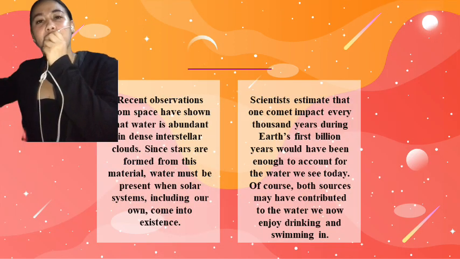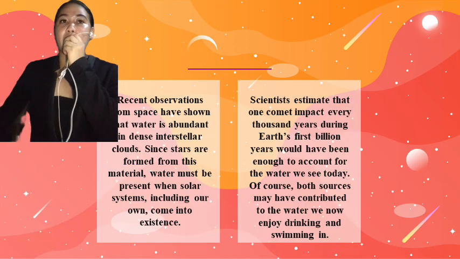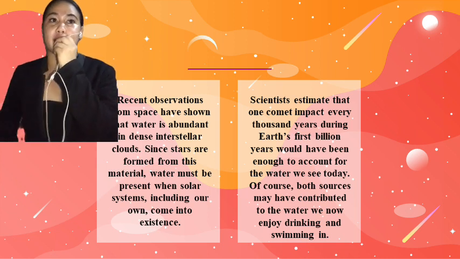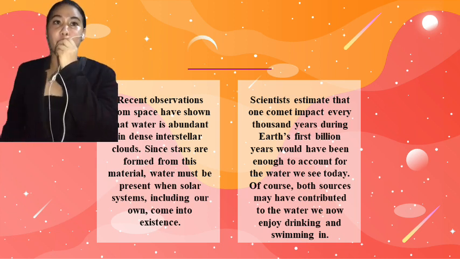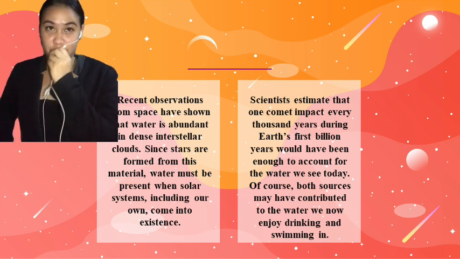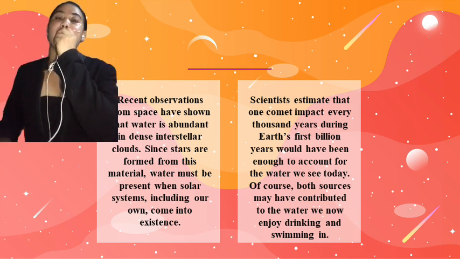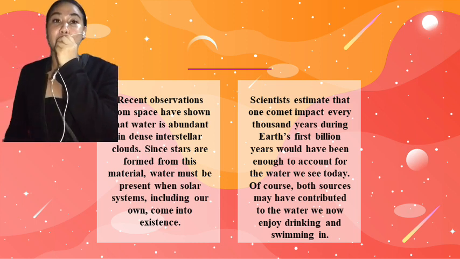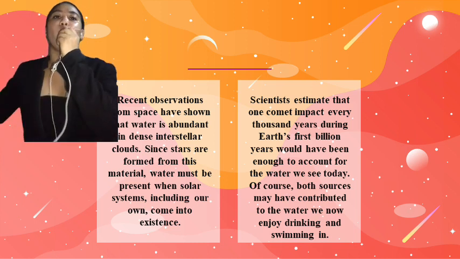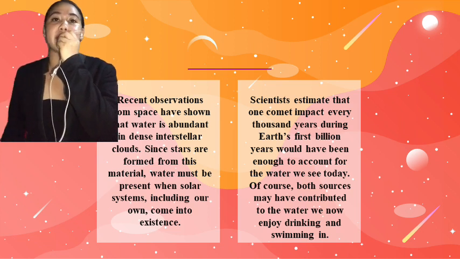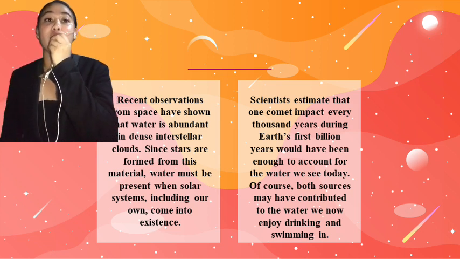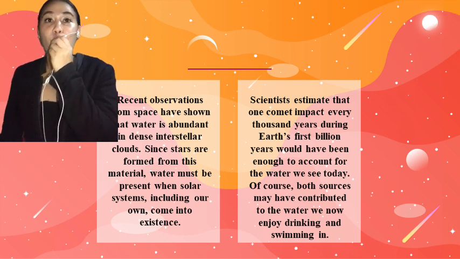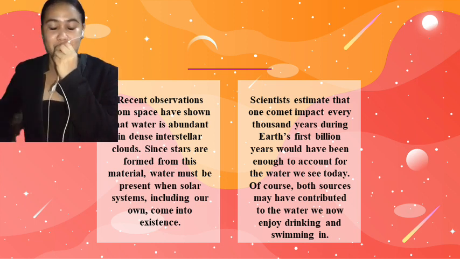Recent observations from space have shown that water is abundant in dense interstellar clouds. Since stars are formed from this material, water must be present when solar systems, including our own, come into existence. The water in our oceans and lakes may have come initially from water locked into the rocky material that accreted to form Earth.